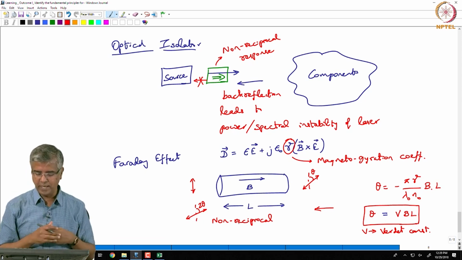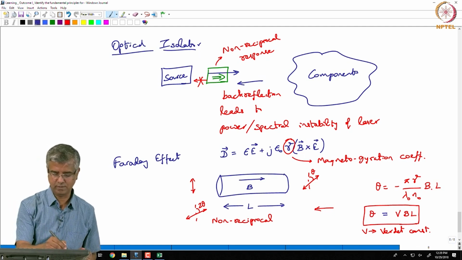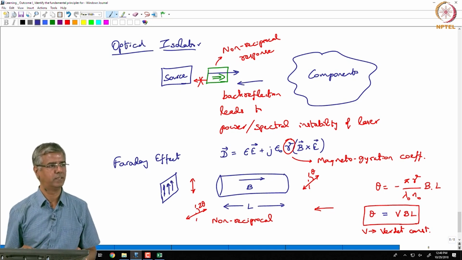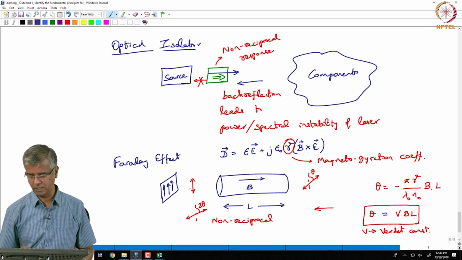So, how would you build an isolator based on this effect? That is simple, right. So, you can basically put a polarizer which allows only this polarization, right. So, that is how you got this output polarization like this.